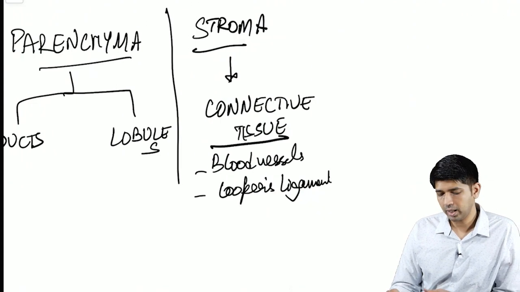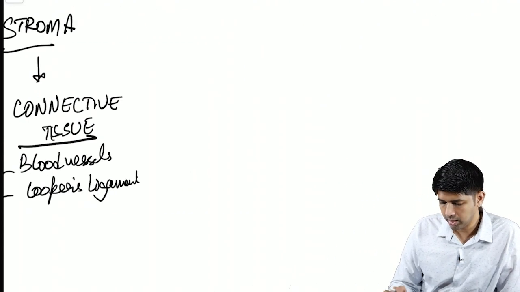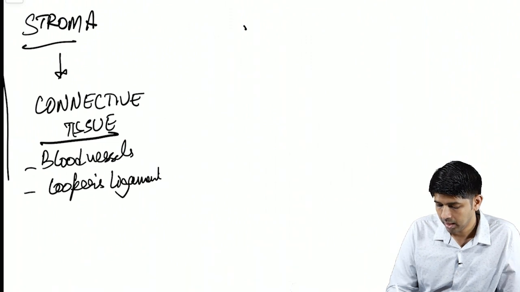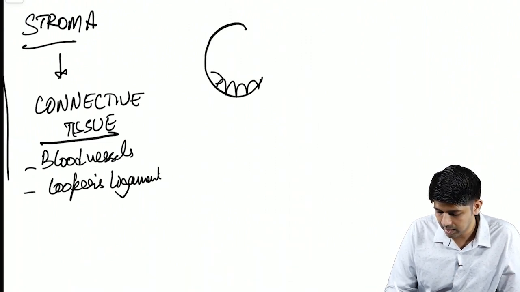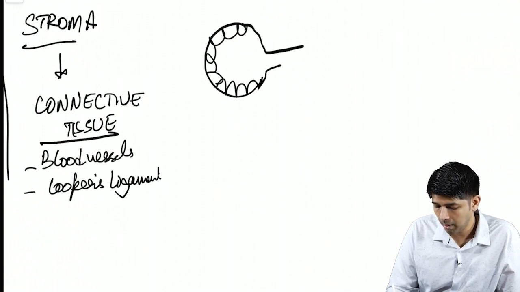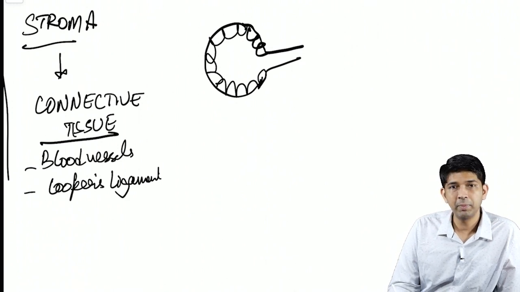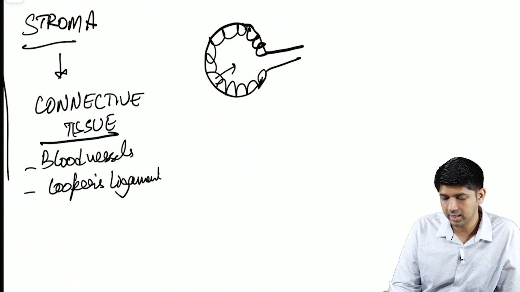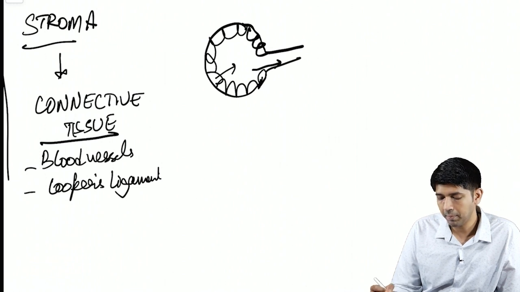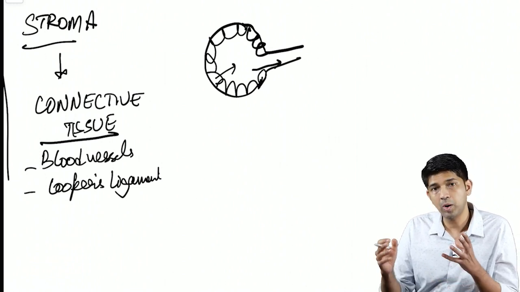So, now let's just look at how each of these lobules are made. So, let's just go into the microscopic anatomy. This is an acini. The acini is lined by cells. Then the acini is drained out by a ductule. Alright. So, the milk production happens inside the acini, then it is drained out by the ductule. Now, let's just zoom out a bit more.